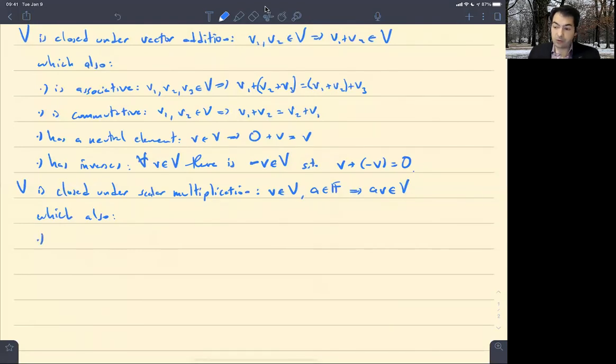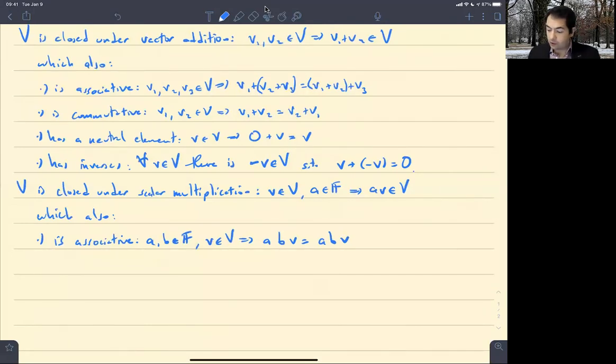For scalar multiplication, we're going to get that it is associative. How associative looks here is you pick 2 elements of the field, a and b, and then 1 vector v, and you multiply them together.